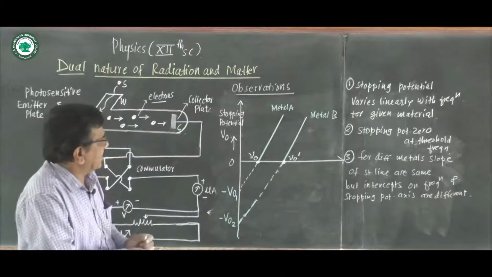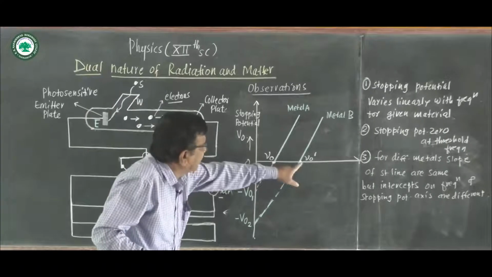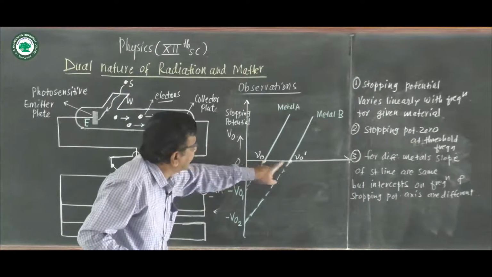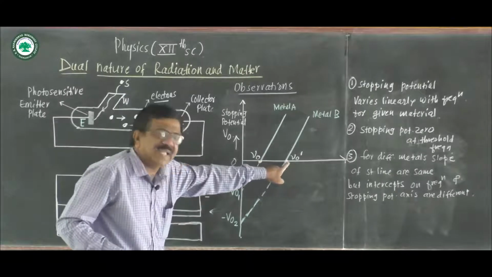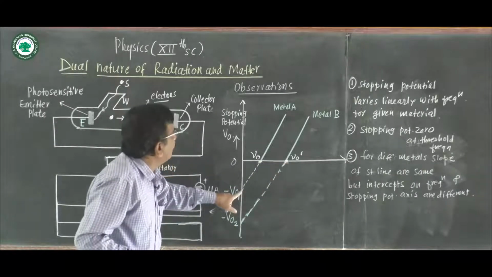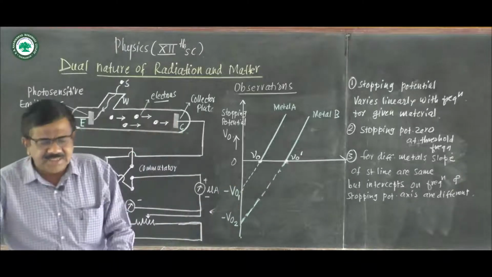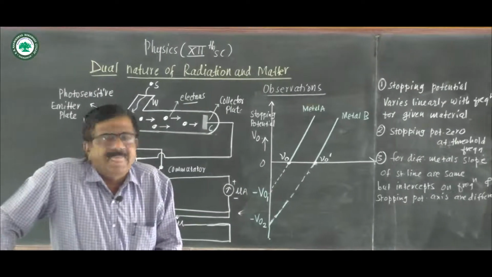Slopes of the straight lines are the same, but see here, intercepts are different on the frequency axis. Here this is the intercept for the first metal, and the intercept for the second. Here the intercept on the potential axis is minus V01. These intercepts are different. What does it indicate?